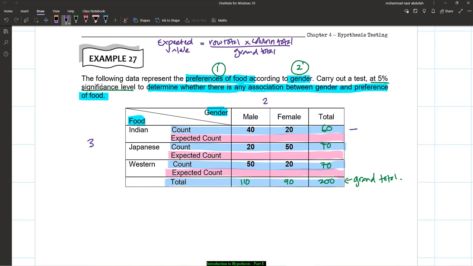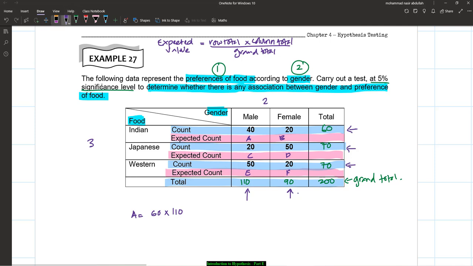This is what we call the row total, the green values. This one is the column total, right? Let's say I label these cells A, B, C, D, E, F. Let's calculate for A first. Row total for A is 60, multiplied by column total for A, which is 110.